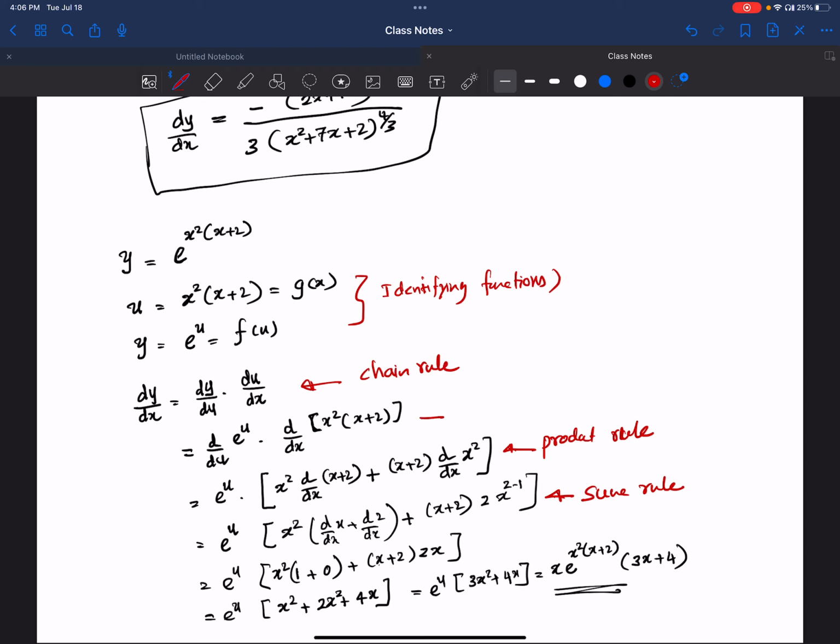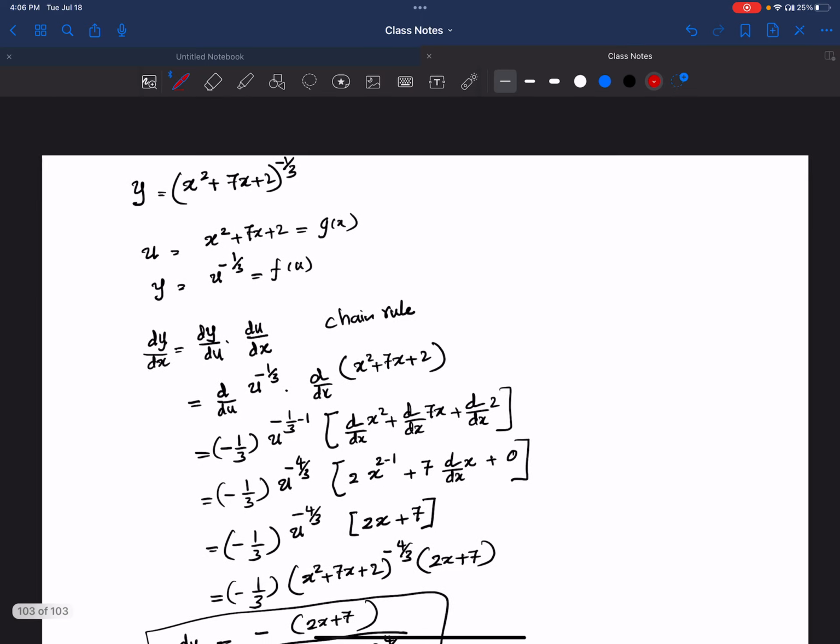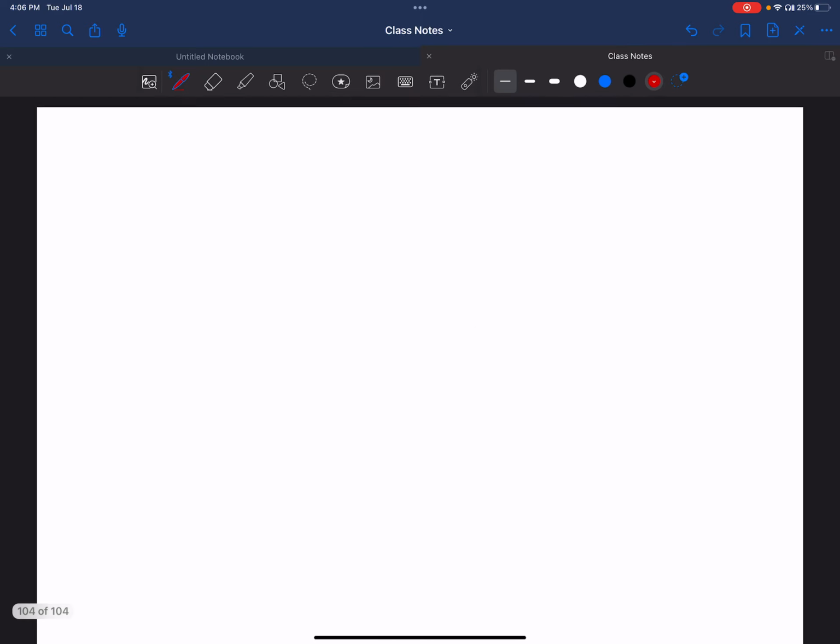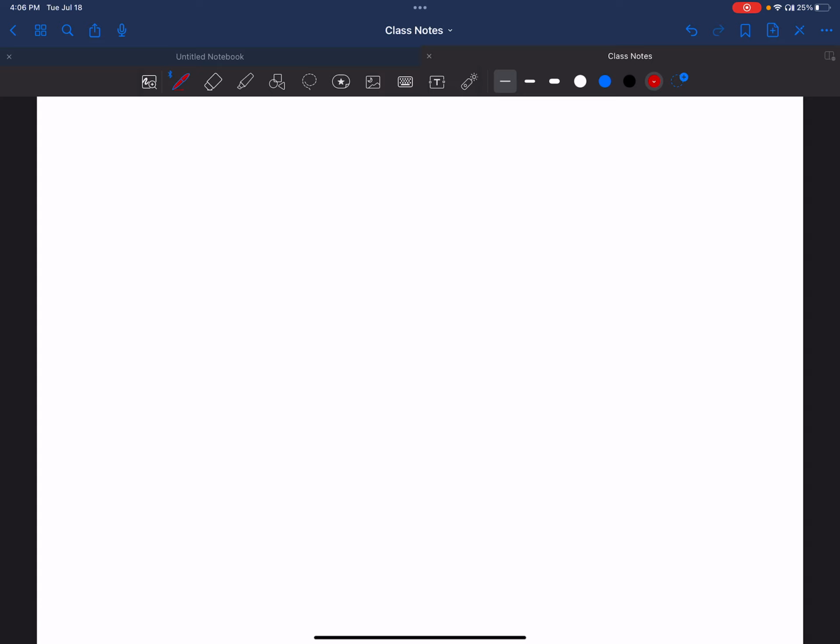And then in this case we use that d over dx of x to the power n is n times x to the power n minus 1. So those are the rules that we used so far in this case. So we learned product rule and chain rule. The last one is a combination of product rule and chain rule, which is the quotient rule.